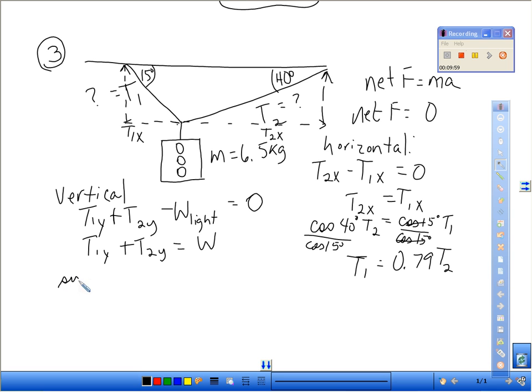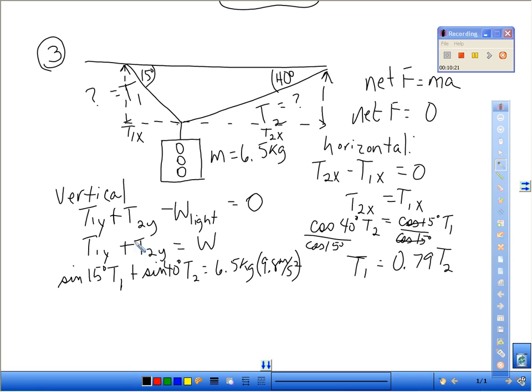So sine of 15 degrees T1 plus sine of 40 degrees T2 is equal to 6.5 kilograms times 9.8 meters per second squared. If I get my trusty little calculator out, I should be able to get my values for the sines of those angles.